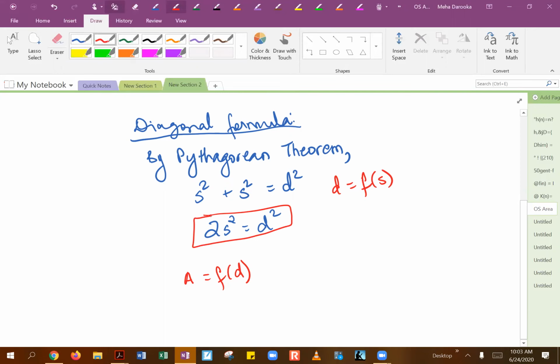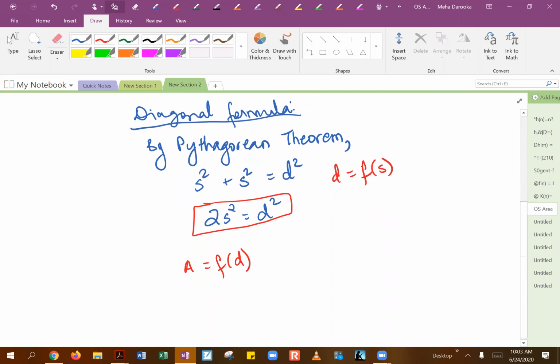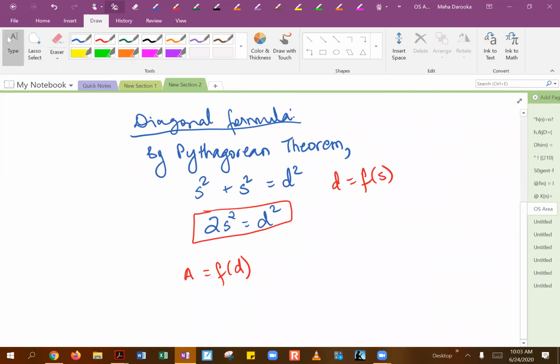How would you rewrite the area in terms of D instead of S? Because this is where the composition concept comes into play. It's actually pretty simple. Would you put the 2S squared in the A equation for D?